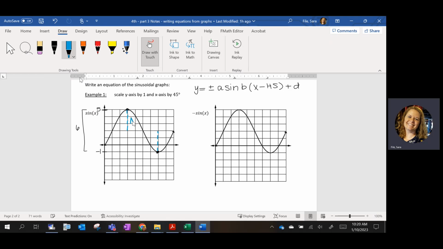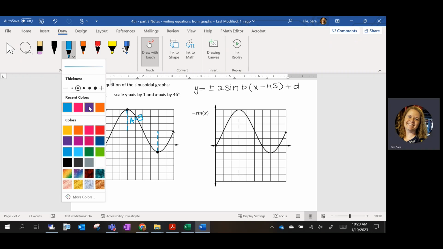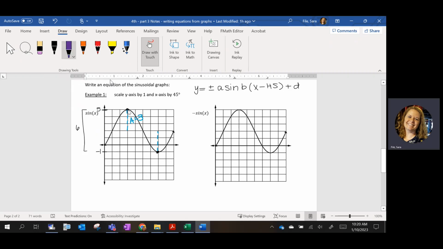That's your amplitude. Where does that put you? When you come down 3 from the maximum or up 3 from the minimum, what does this represent? So I'm going to sketch my midline there. So that is my vertical shift. And this is at what value?